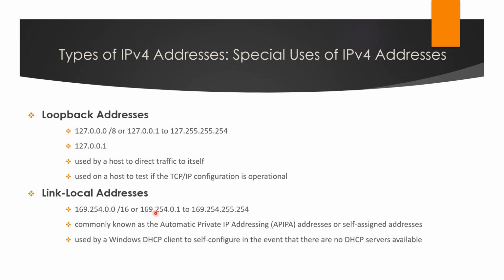They are used by a Windows DHCP client to self-configure in the event that there is no DHCP server available on the network. Link local addresses can be used in peer-to-peer communication but are not commonly used for this purpose.